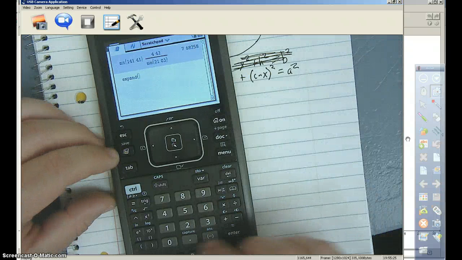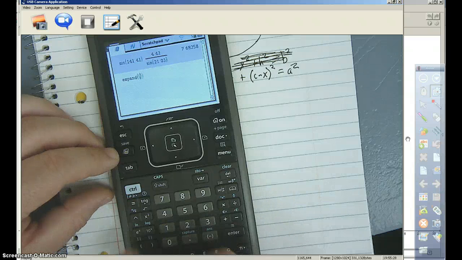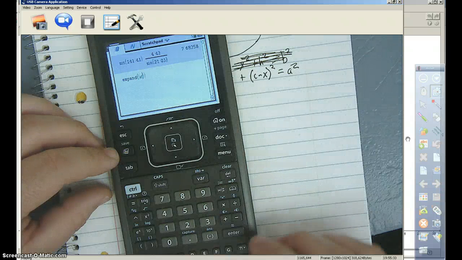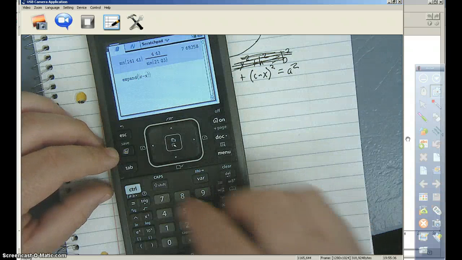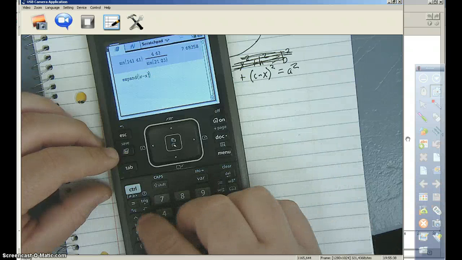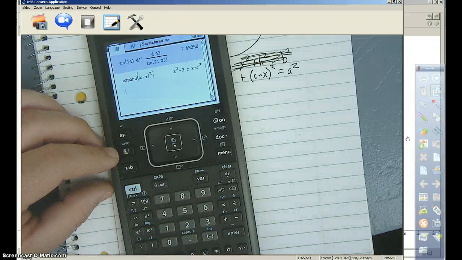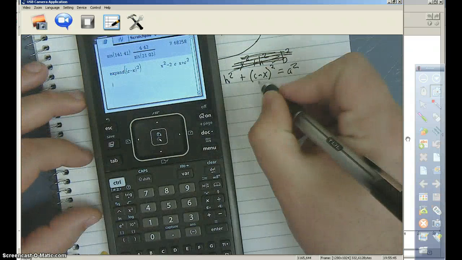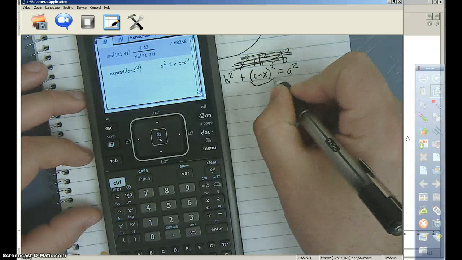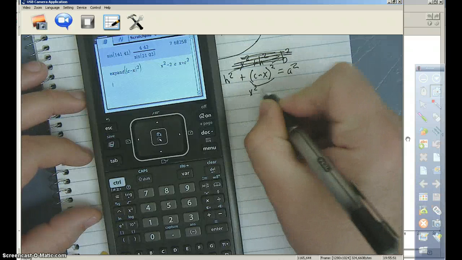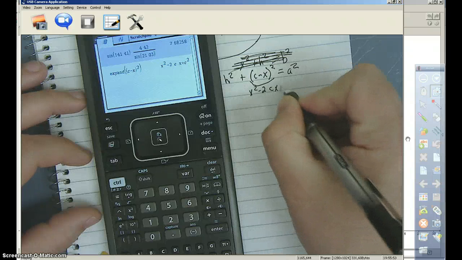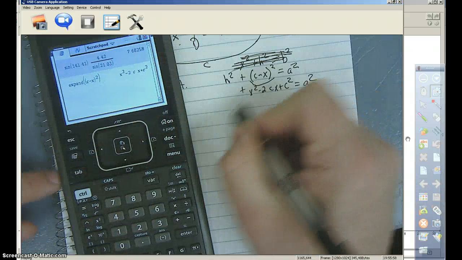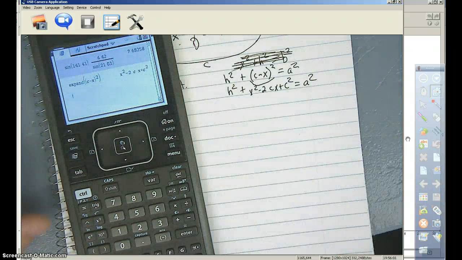I'm going to put in c minus x, close my parentheses, square it, and hit enter. You're welcome to FOIL it out if you prefer, but this part turns into x squared minus 2cx plus c squared. And that's equal to a squared when added to h squared, right?